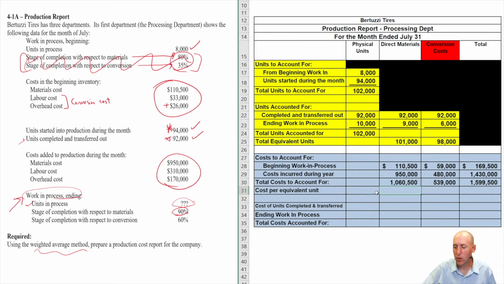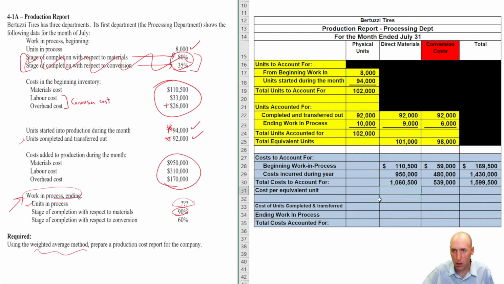Cost per equivalent unit. This is perhaps the most interesting and most important cell on the whole table. It tells us what our stuff costs. So we have total cost to account for here, total equivalent units here. We divide them.